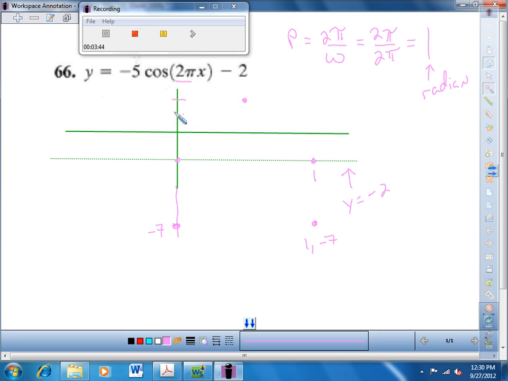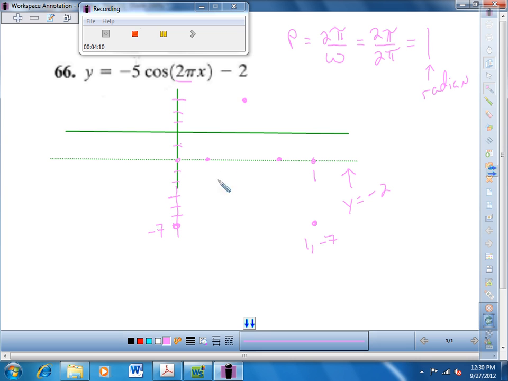Because my scale is 1, 2, 3, 4, 5, 6, again an arbitrary scale. It's going to go up 5 from here to here, and then up another 5 to get to here. And then to find these points, it's going to cross the axes here.